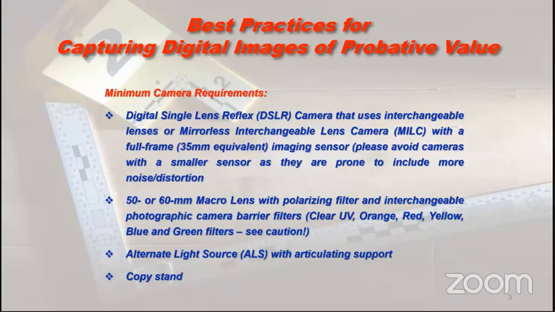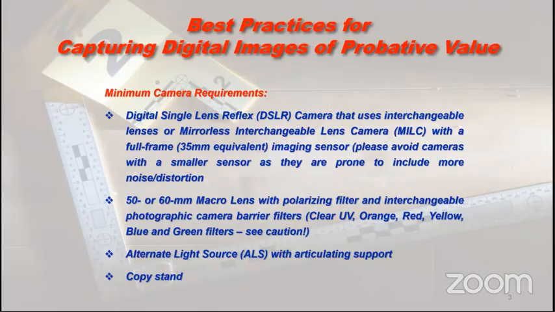For example, one of the requirements is to have a digital single lens reflex, or DSLR, camera. This must have interchangeable lenses. You cannot use a camera that has a fixed lens.